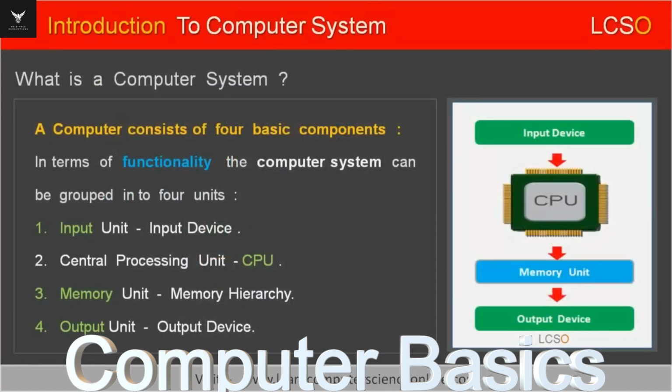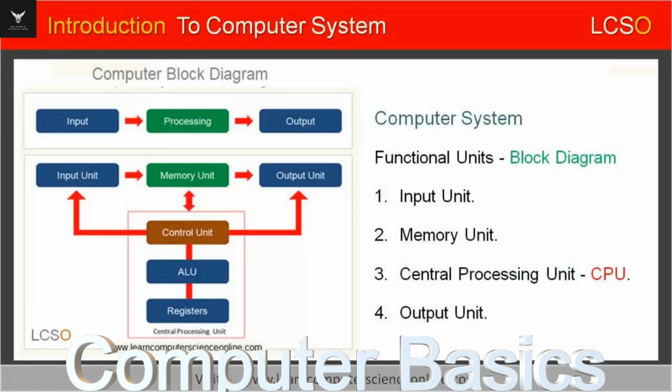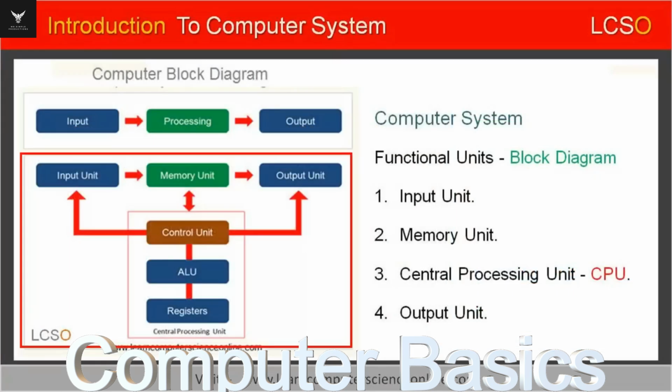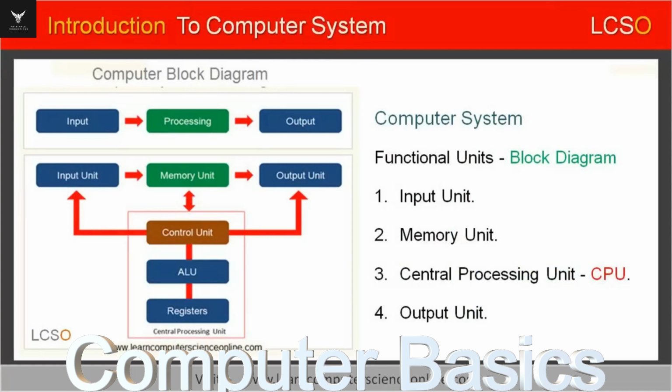Let us now understand the architecture of the computer system in terms of the functional units. The entire functioning of the computer can be grouped into various functional units. Let us understand some important functional units of the computer system with the help of a computer block diagram. The computer system working can be grouped into four major units.